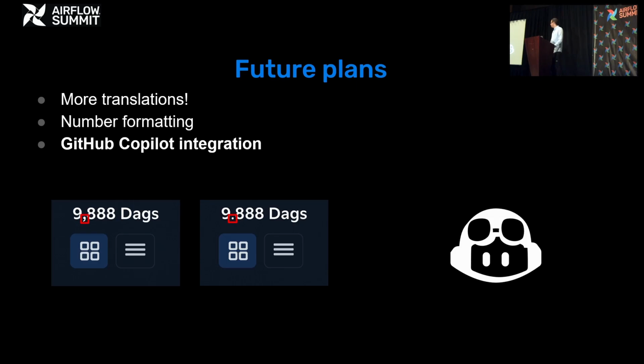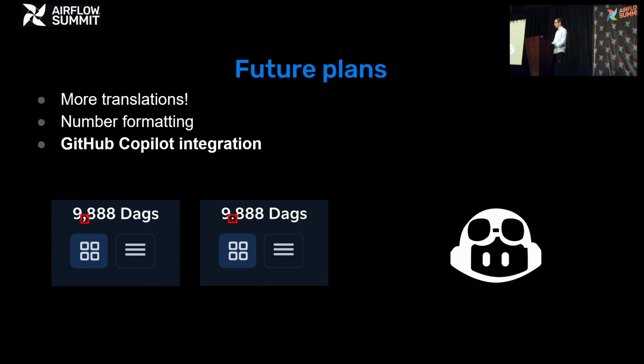Some future plans: we will be very happy for more translations of Airflow. And also we are working on some ideas to improve the overall experience when we talk about internationalization. For example, there's often a different digit grouping separator for different languages, like dot or commas.